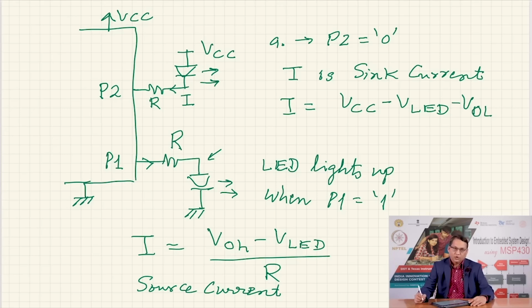When it is low logic, it does not mean 0 volts, it may be some nominal voltage. You have to refer to the data sheet of the microcontroller to know the value of VOL. This is the voltage across the resistor, and therefore divided by the value of the resistor would be the current that flows through this LED.